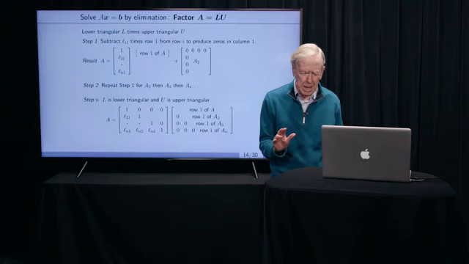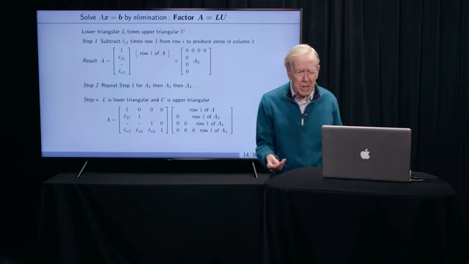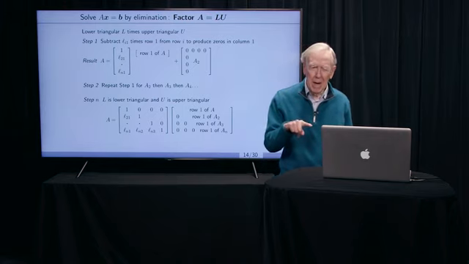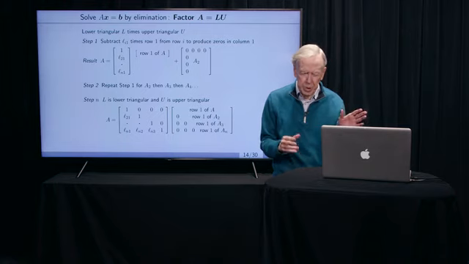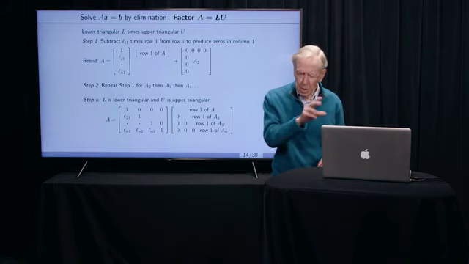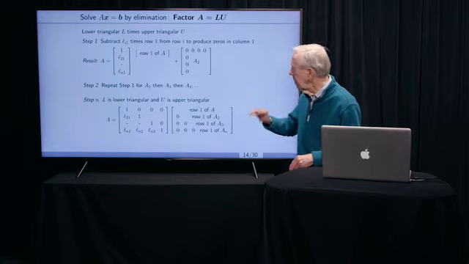All I want to say is that when you're doing elimination, solving equations, then in the back of your mind or on the back page, you are producing an L matrix lower and a U matrix upper.